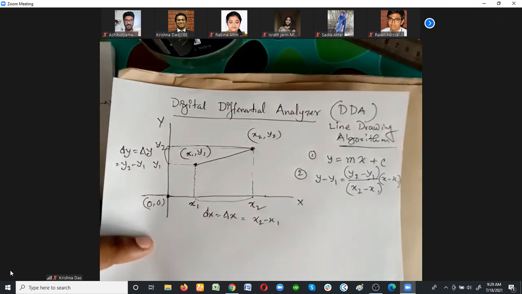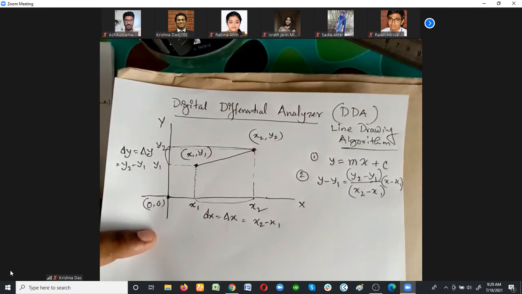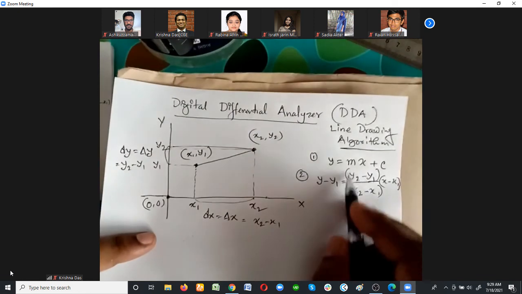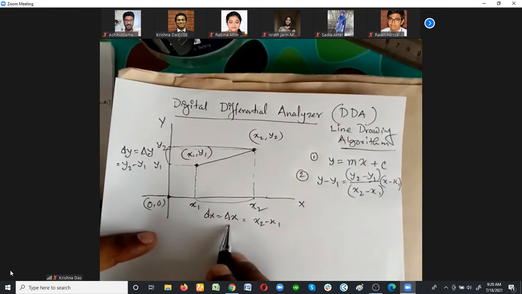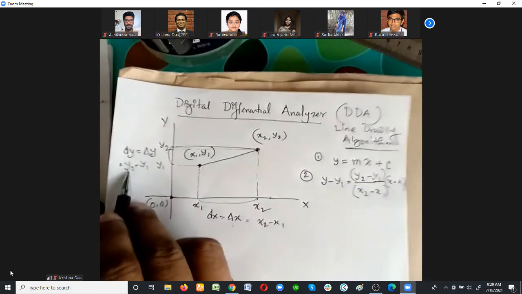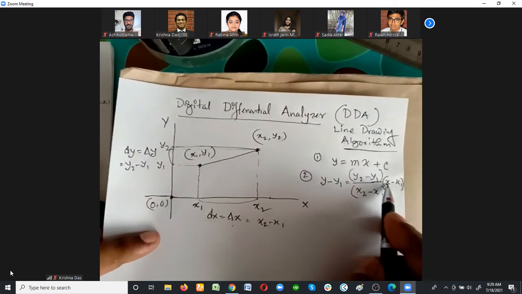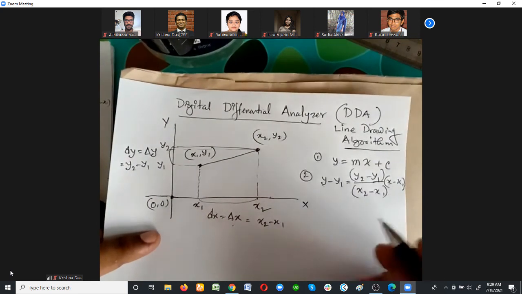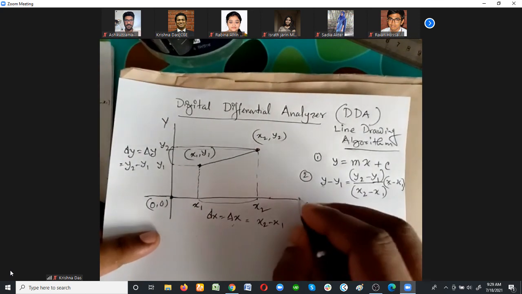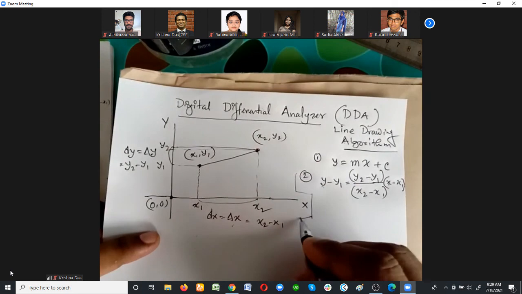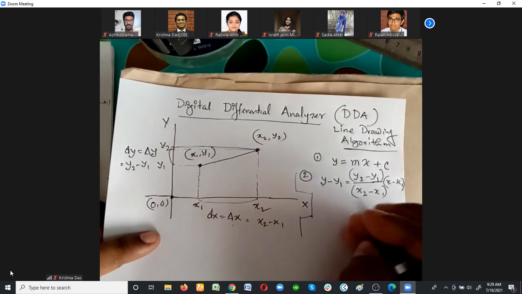There is another equation that we had, right? These values indicate that x2 minus x1 is del x, and y2 minus y1 is del y, and this x and y are the standard x and y. So we can find the equation for x and y.